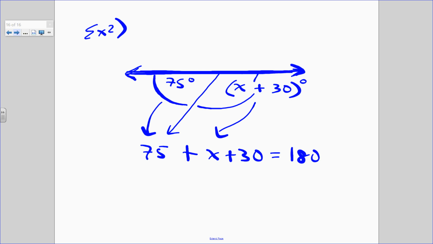So far, so good. So we've got 75 plus 30. We can get these like terms together here. That'll be 105. So x plus 105, getting the like terms together on the left side, equals 180.